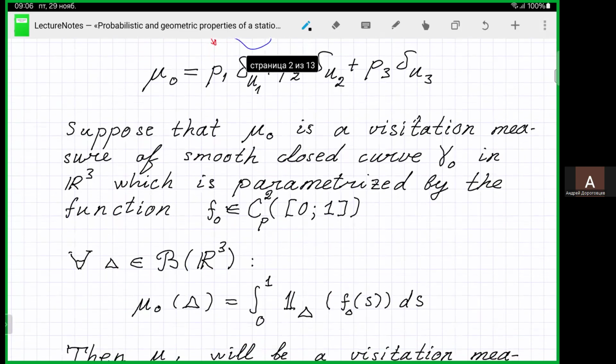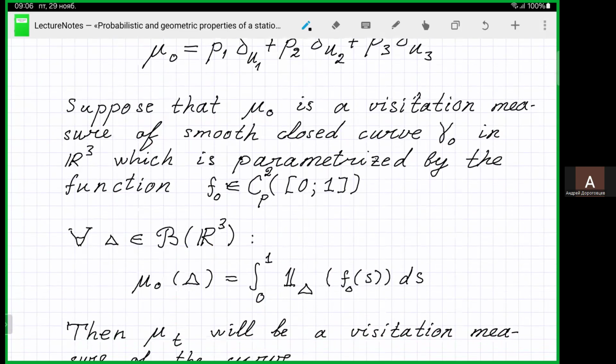If mu_0 is a visitation measure of a smooth closed curve gamma_0 in R3, which is parameterized by the function f_0, twice continuously differentiable, it means that mu_0 of a set delta is defined as the Lebesgue measure of such s that f_0(s) belongs to the set delta.